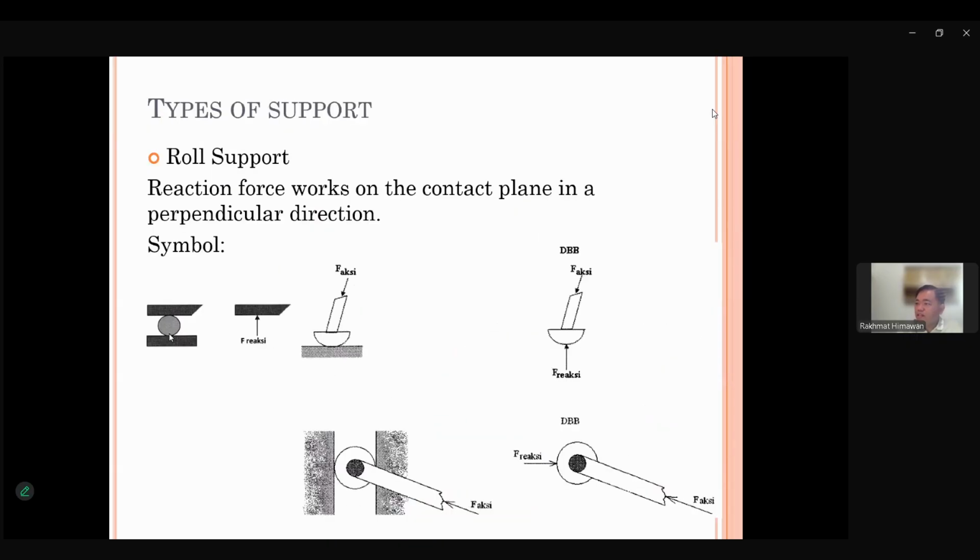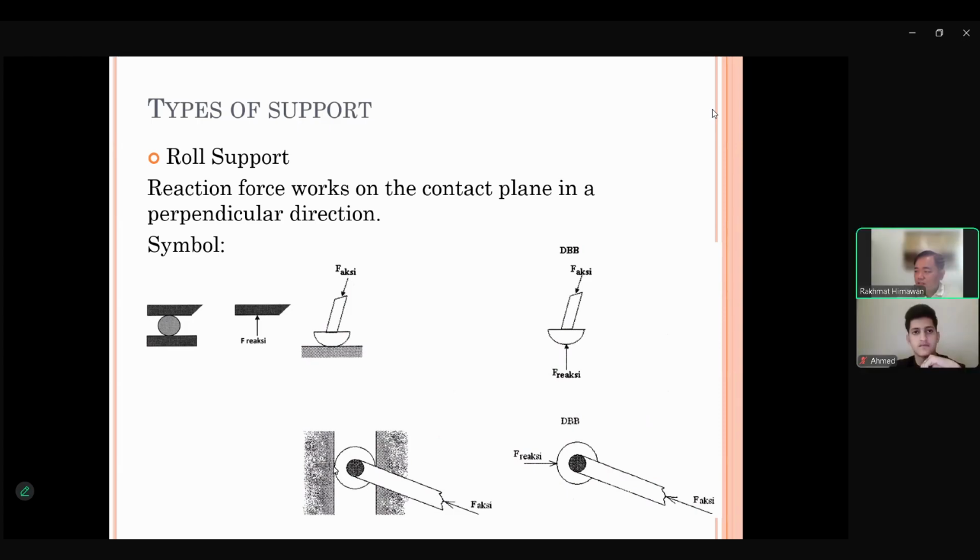While in here, this rod can still move, like here left or right, in here top to bottom, but it will never move, in this case, up and down. In this case, in the picture, never move left and right. So that's why the reaction is just perpendicular to the base of the roll.